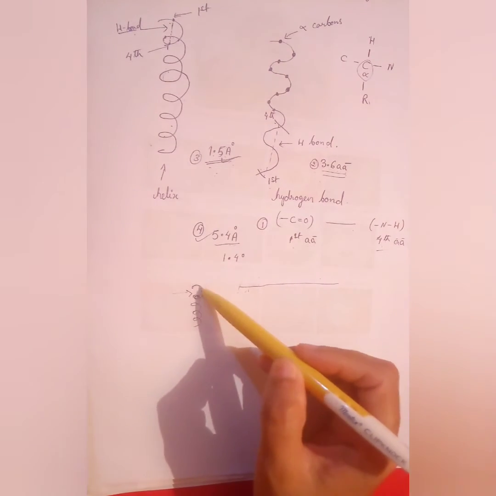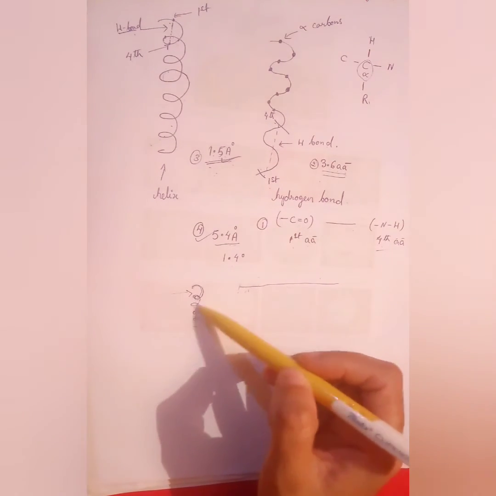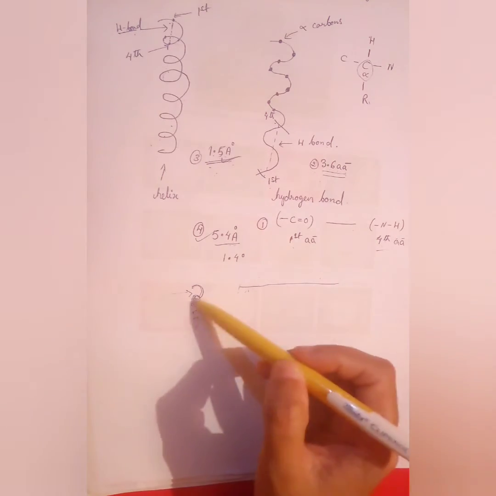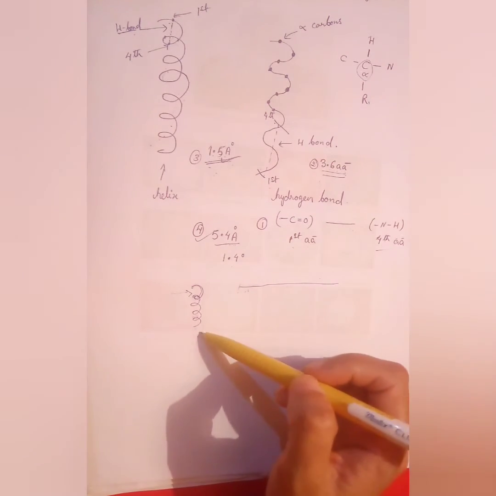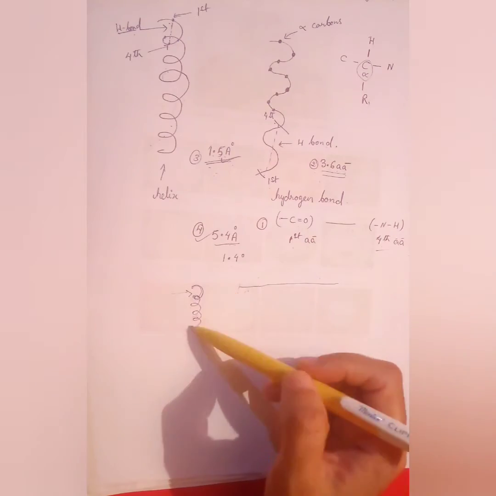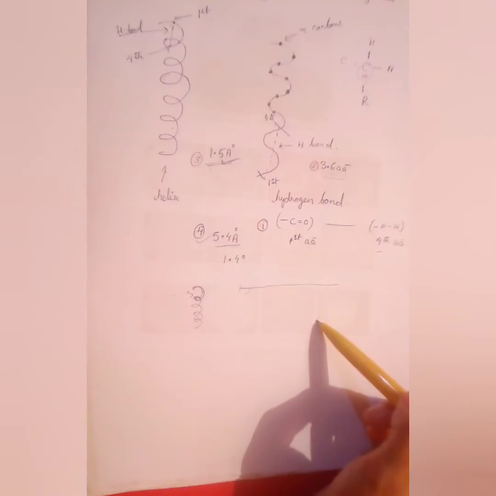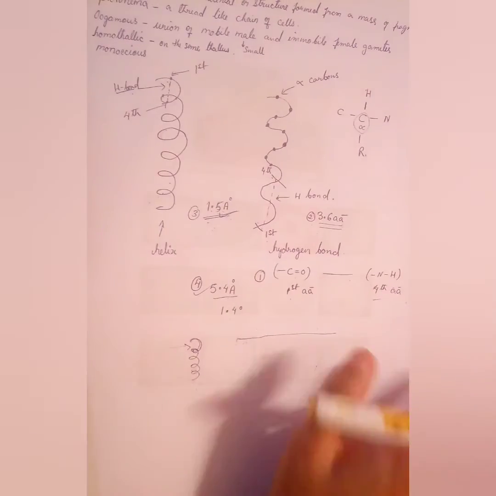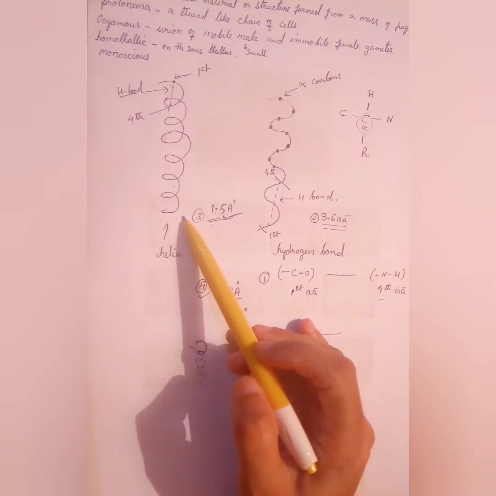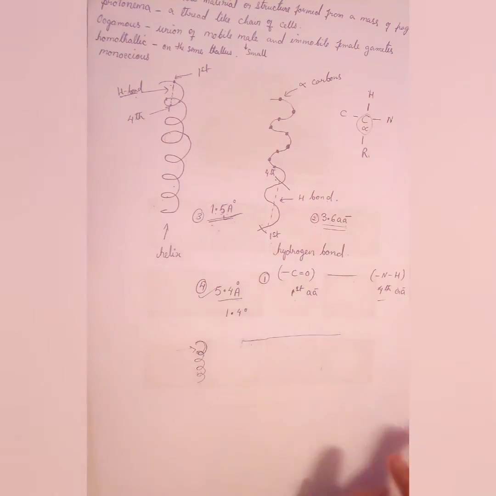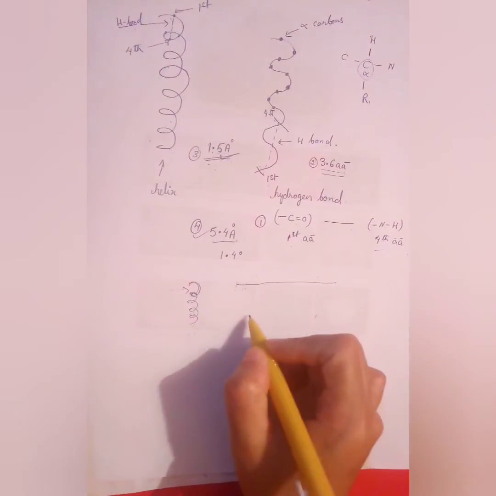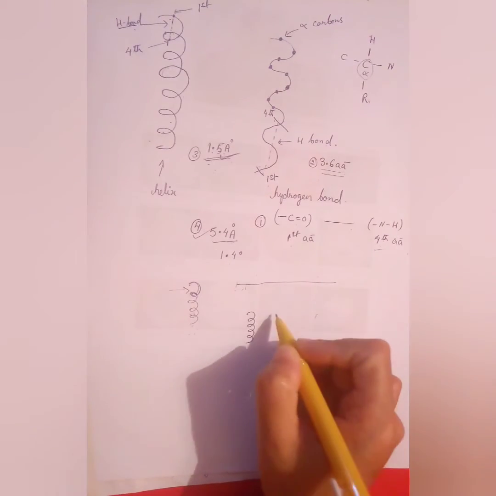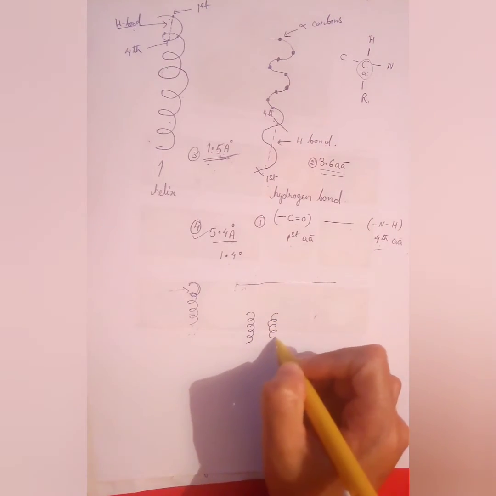So once a single turn has been formed, the addition of successive residues becomes much easier, and that happens with other secondary structures as well. Another important point is that the alpha helix can be either right-handed or left-handed.